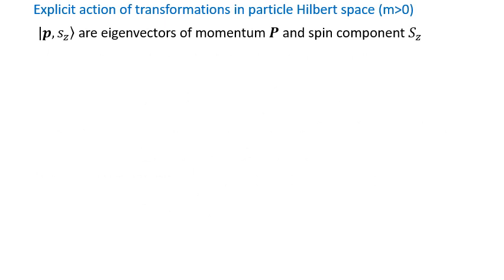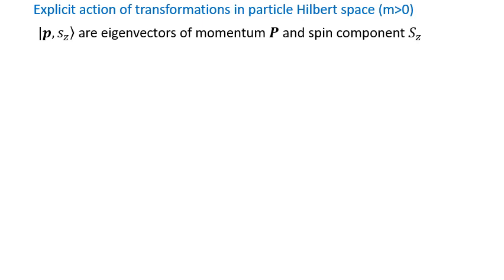Returning to the space of a massive particle, we notice that 3 components of momentum and 1 component of spin form a full set of commuting observables there. So we can form a complete orthonormal basis from common eigenvectors of these 4 operators.